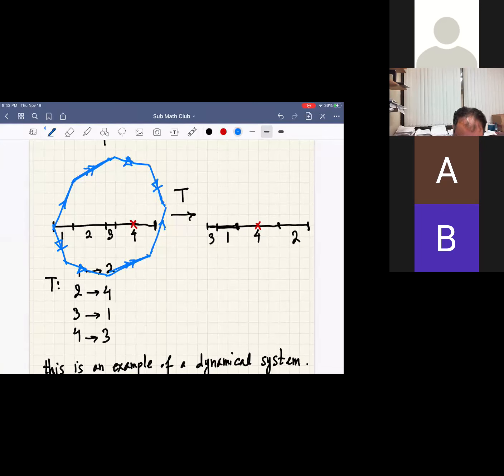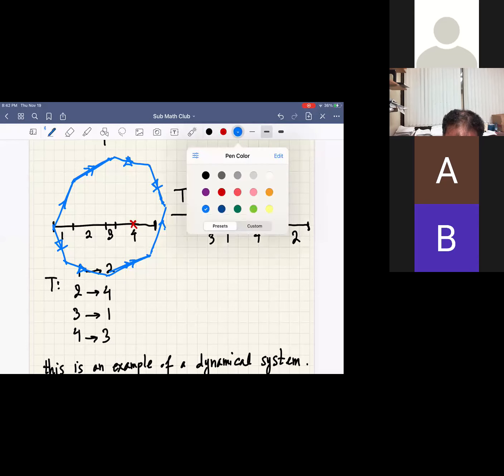But the point is that we can realize our interval exchange by doing a vertical flow in this picture. So let's see how we can draw that.